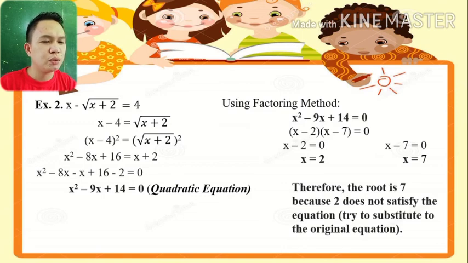Try to substitute to the original equation. It's because if we're going to substitute 2 on the equation, okay, magkakaroon tayo ng false na statement. So, ang pinaka tamang sagot is 7. So, the only solution or root in this equation or radical equation is positive 7.